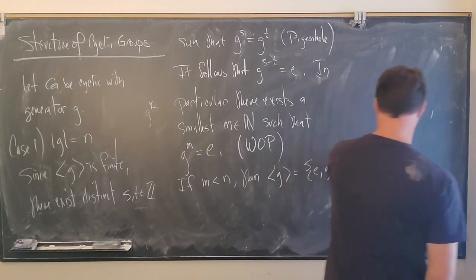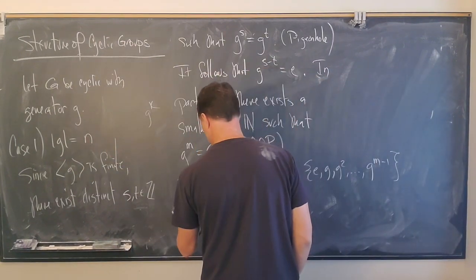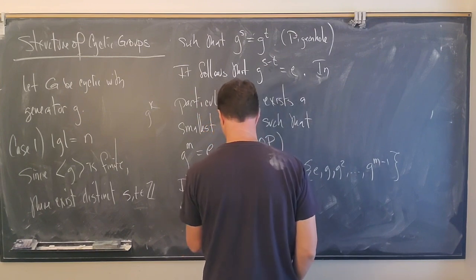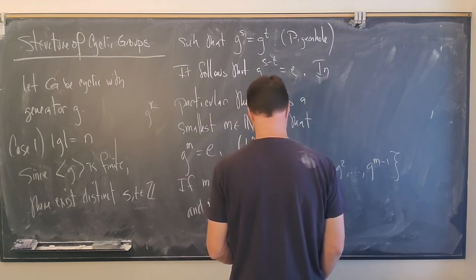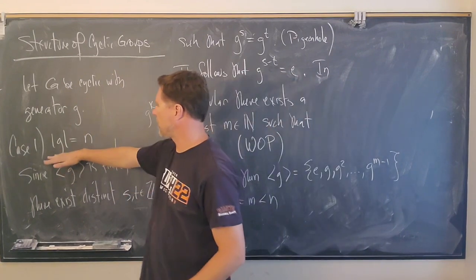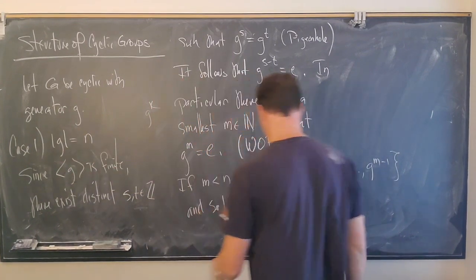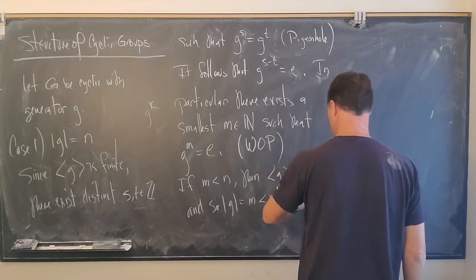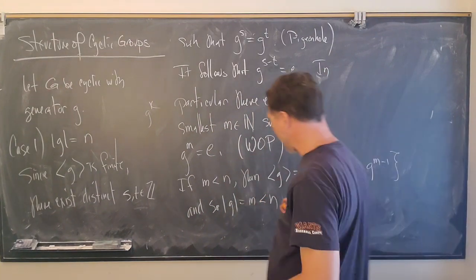And so the order of little g is equal to m, which is strictly less than n. That's a contradiction, right? Because we said that the order of g is equal to n. Okay, so that can't be the case.